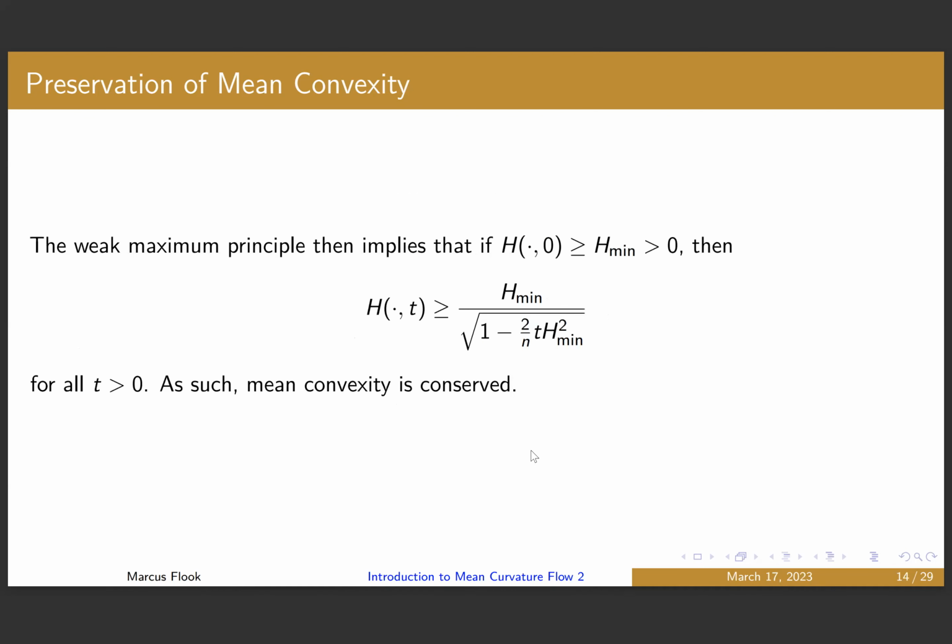So in particular, using this weak minimum principle, this implies that if the initial mean curvature is greater than 0, then the mean curvature at any point at any time is bounded from below by this expression here. So this means that mean convexity is conserved. What we also get is a finite time blow up prediction, because this is going to fly up to infinity in finite time.